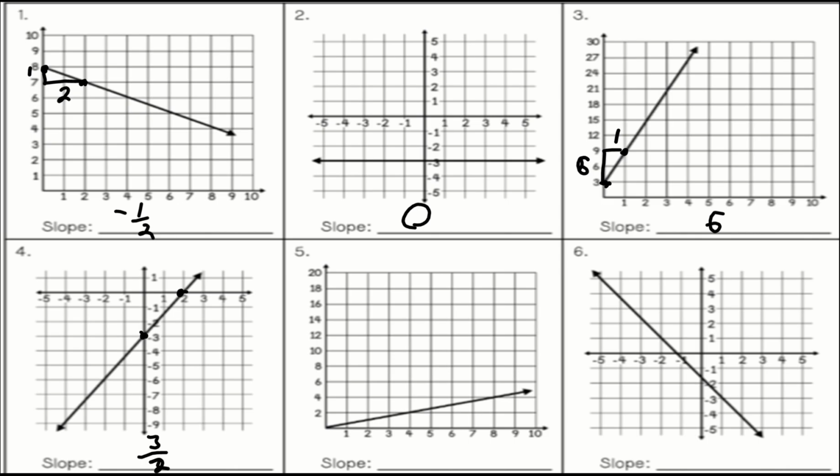As I said before, we're going to keep that as an improper fraction, okay? That makes 3/2. So our rise and our run, we got up 3/2. Okay? Number 5.